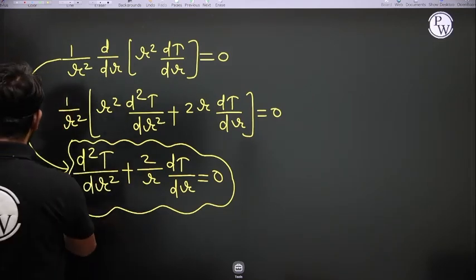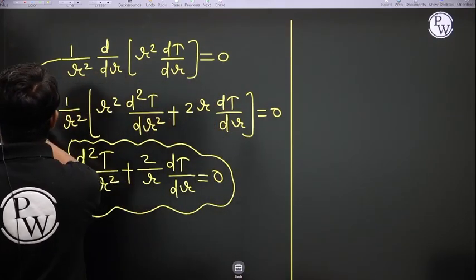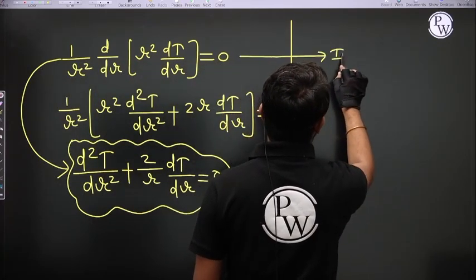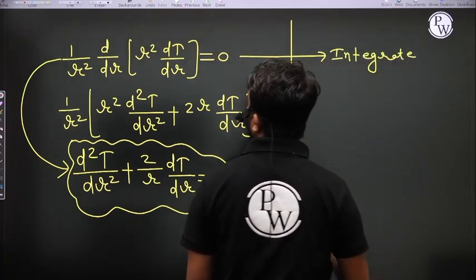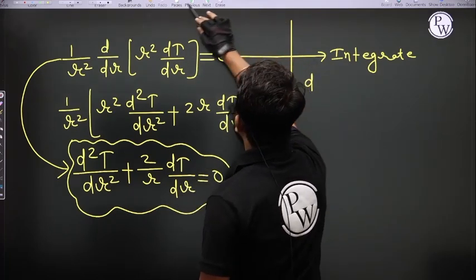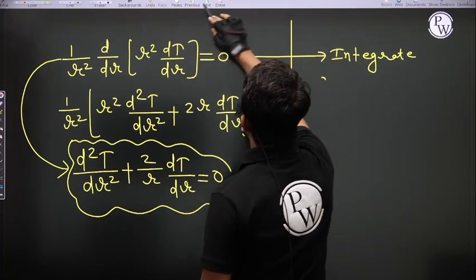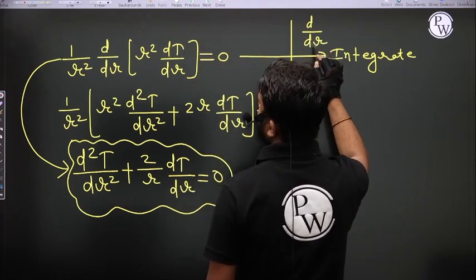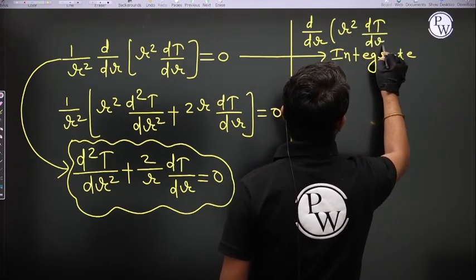Okay, fine. Now I want to find the temperature variation with respect to R, so integrate this expression. d by dr of r square dt by dr is equal to 0.